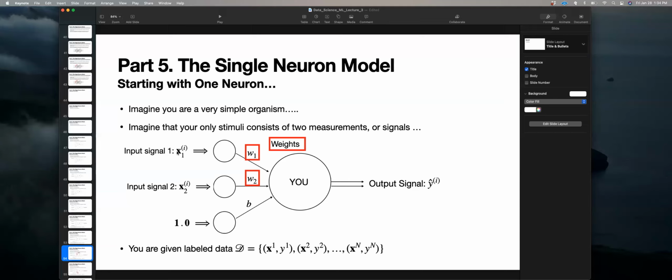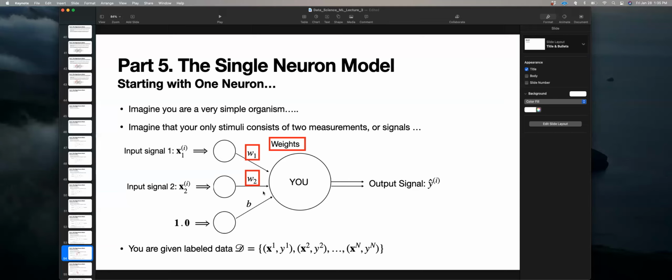Now, you might be more sensitive to heat, so you need a way of scaling the heat that you're feeling on your hand. And the way that you would scale that is with this number W1. So you have this input signal coming in and you're scaling it by W1. And maybe this is really high because you're sensitive to heat. And even for low heat, you need to take your hand off sooner rather than later, right?